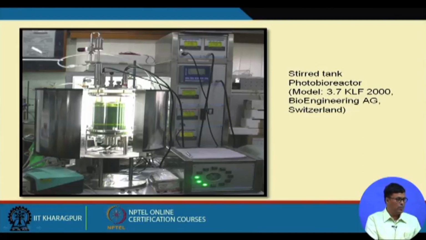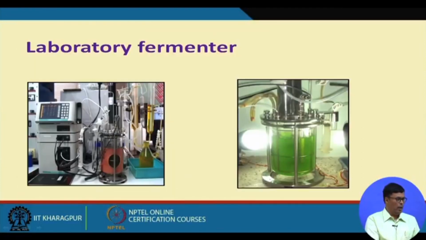You can see this is the control module, where we can monitor different parameters, like temperature, agitation speed, pH of the system, and dissolved oxygen concentration. All these things you can monitor with the different monitoring systems that we have here. And this is another fermenter we have.